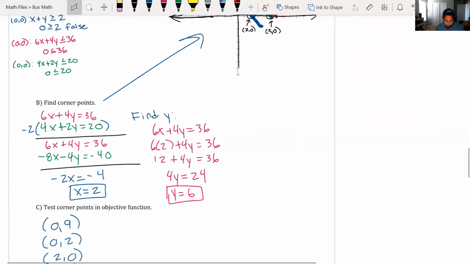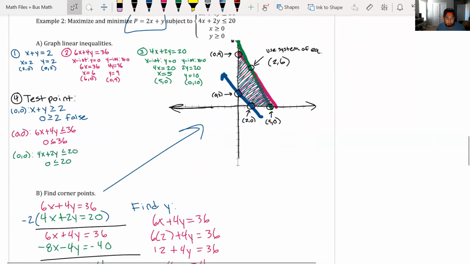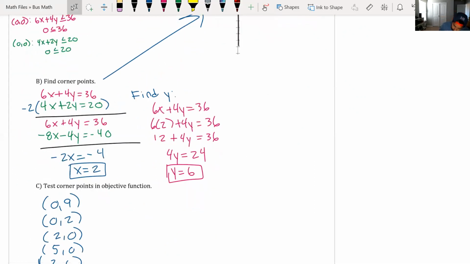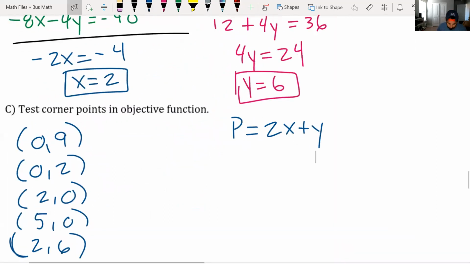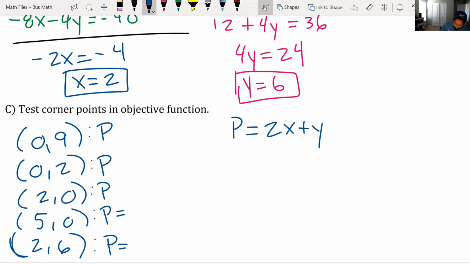And our objective function is p equals 2x plus y. If I plug in 0 and 9, p will equal 9.